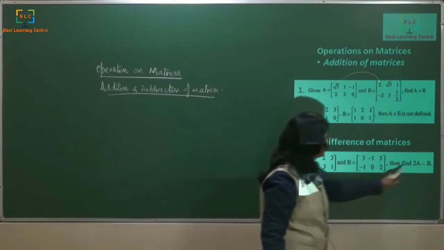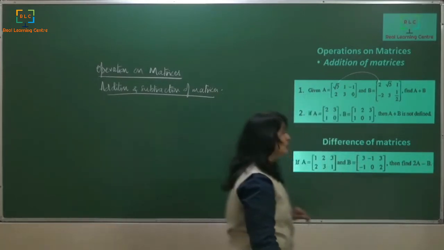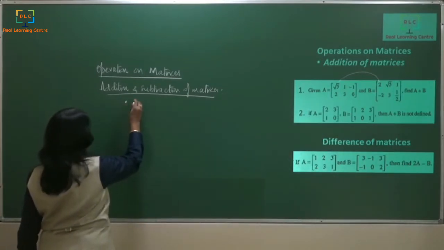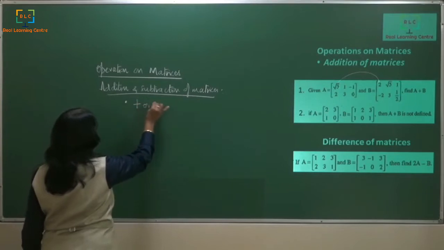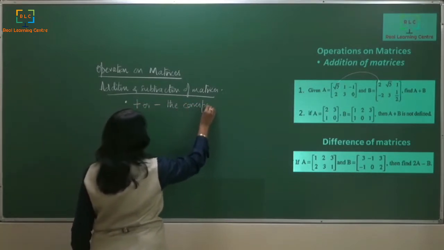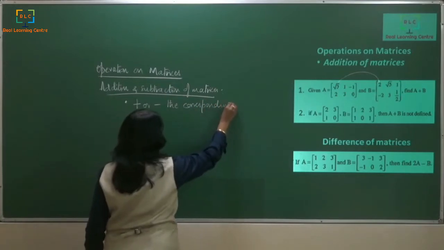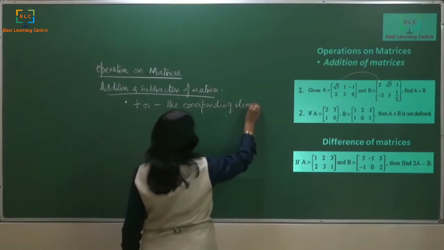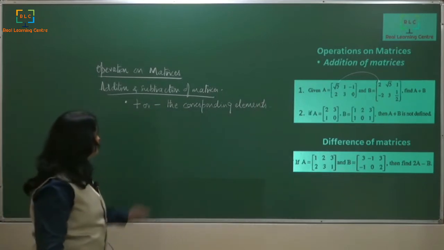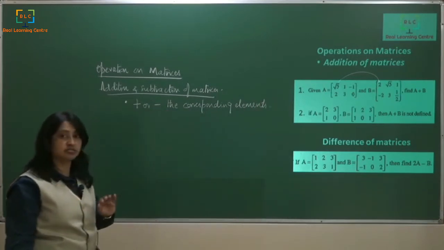So coming to addition and subtraction of matrices, the main point we discussed now was what? Add or subtract the corresponding elements. Okay, this is the only point that I want to tell about addition and subtraction.